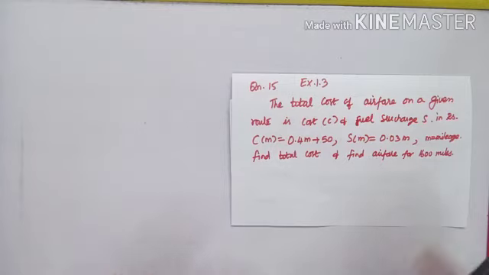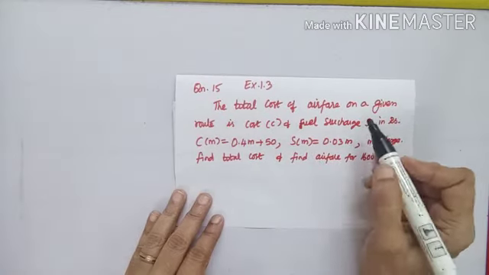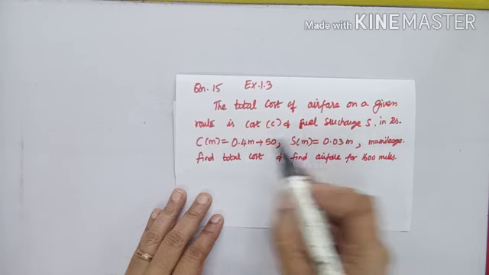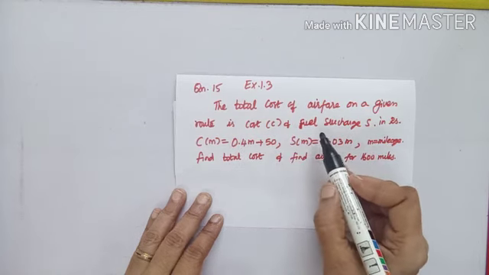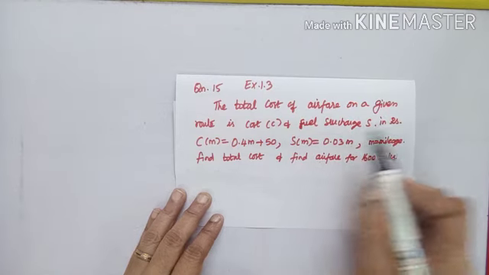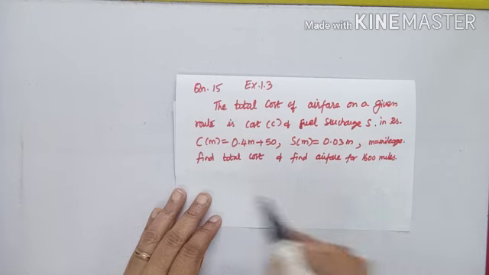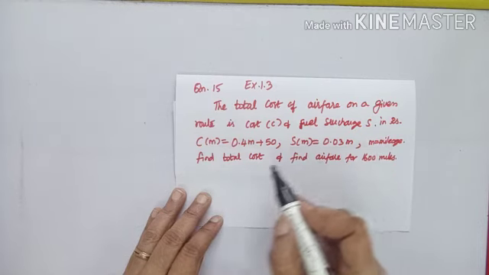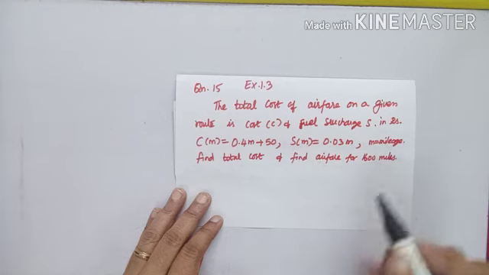Exercise 1.3, question number 15. The total cost of airfare on a given route is given as two things: cost C and fuel surcharge S. Both are given in terms of rupees. Cost and surcharge, both are calculated in terms of mileage.